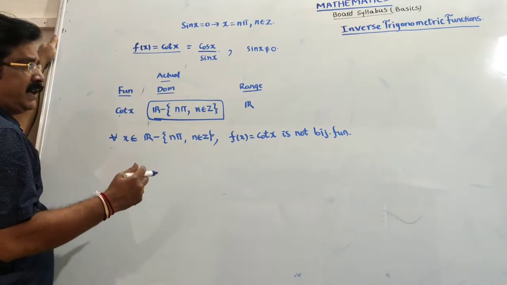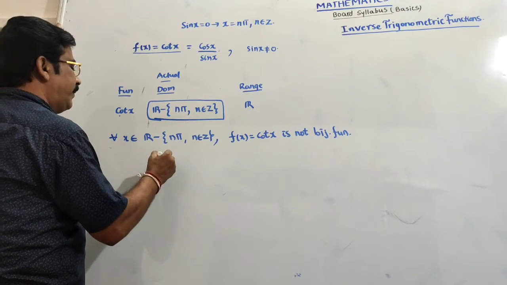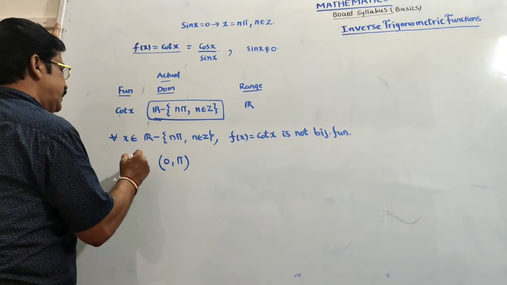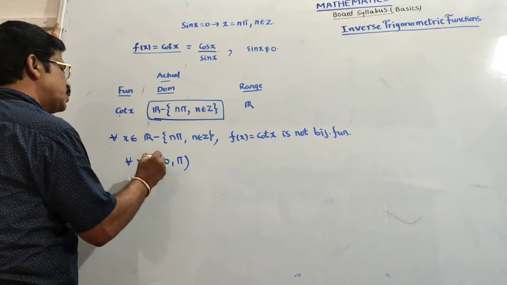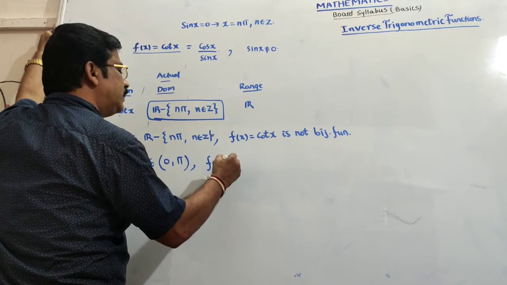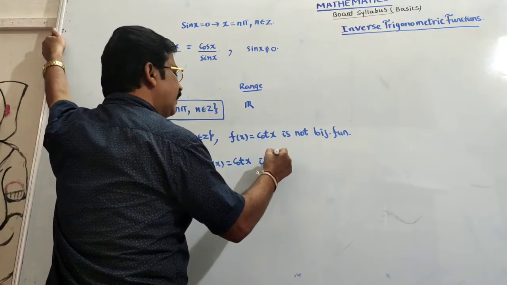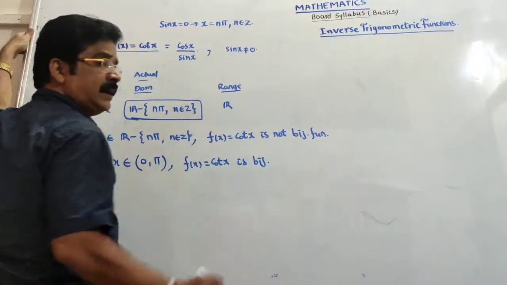So what will be the principal branch or restricted area? The open interval of 0 to pi. For all x belongs to the open interval 0, pi only, f of x equal to cot x is bijective. You can refer to the graph.